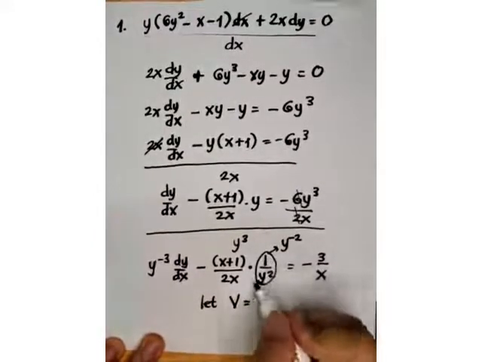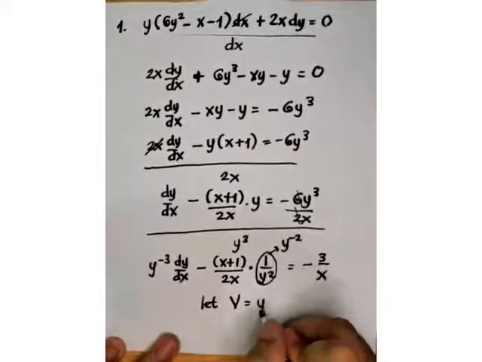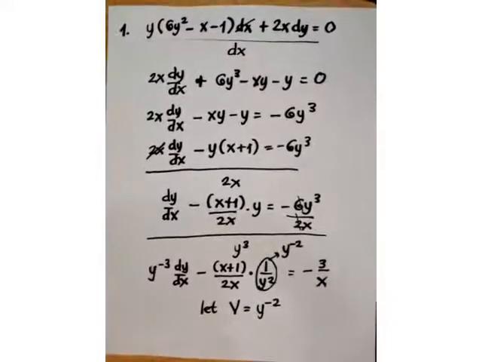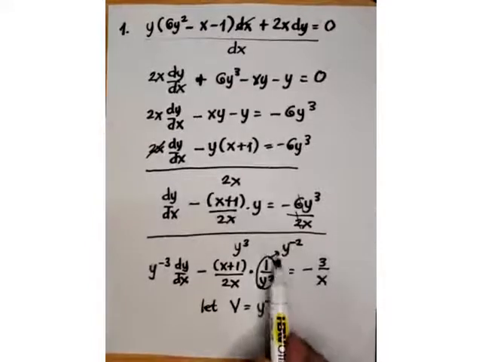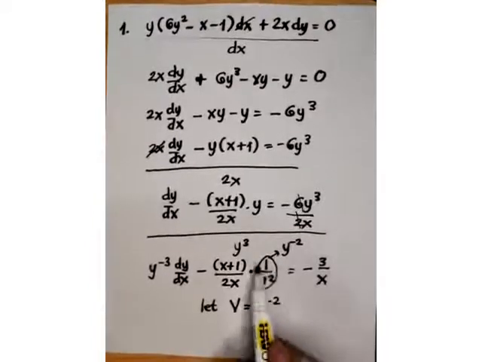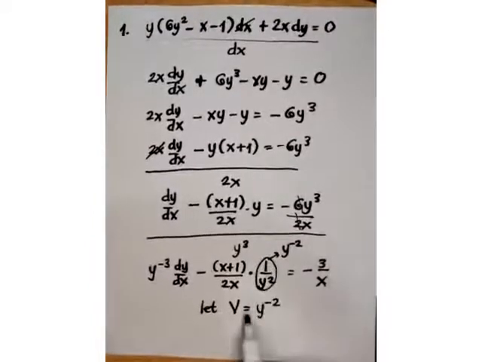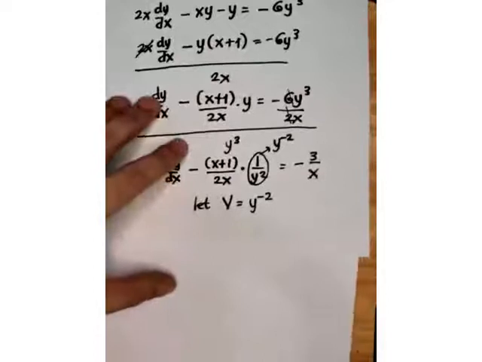Okay, laging nasa gitna. So, v is equal to y raised to negative 2. Okay? So, kung ano man yung sagot dito sa y dito sa may gitna, siya lagi yung sinasubstitute natin sa v. So, let v is equal to y raised to negative 2.